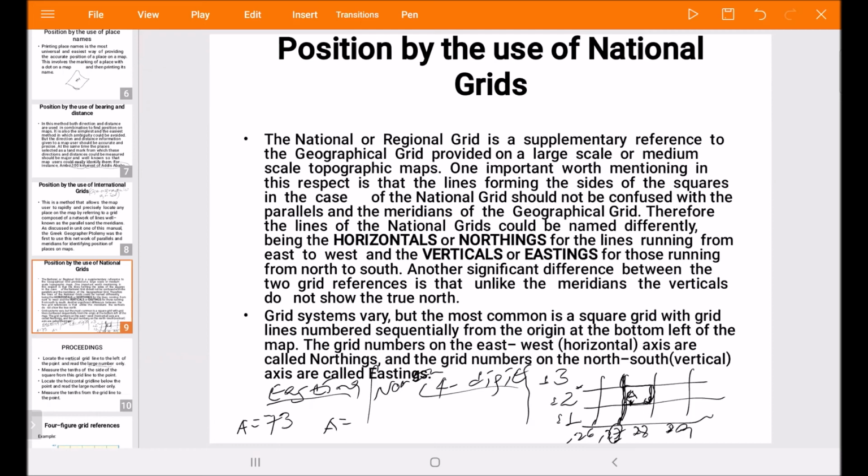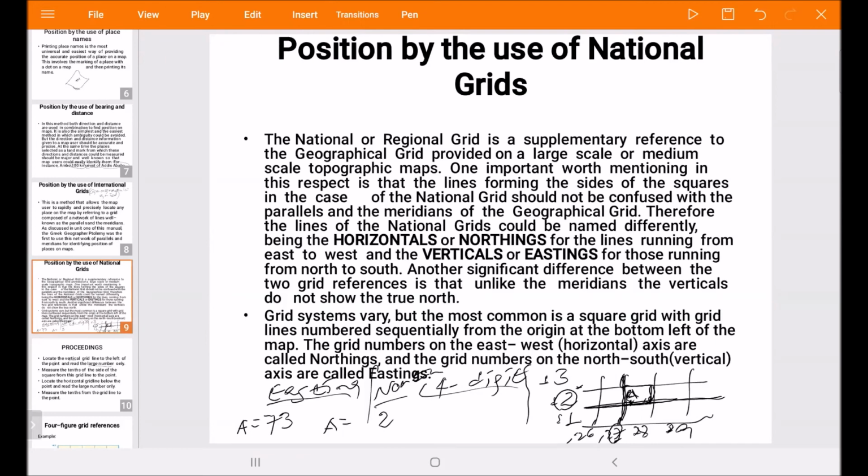The horizontal grid line located below point A is this one. So use the large digit. We take the large number, which is the northing we are looking for. We take 2.